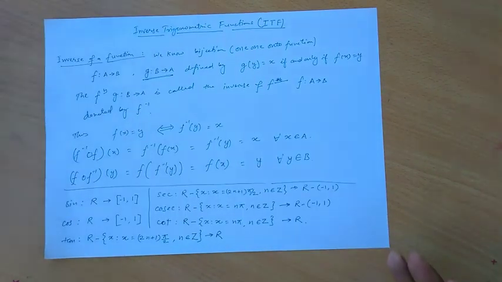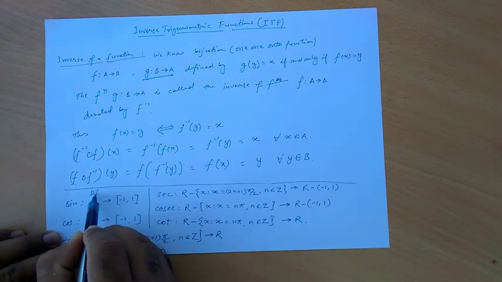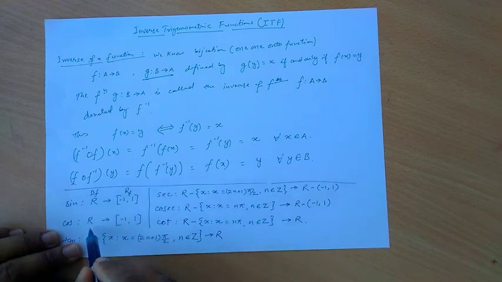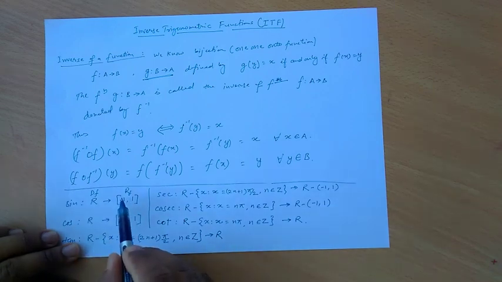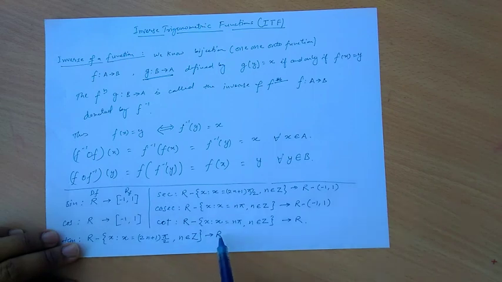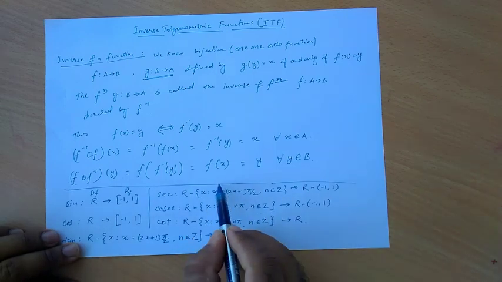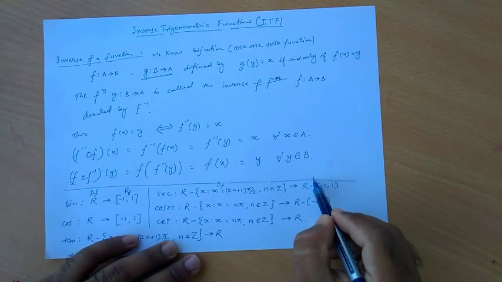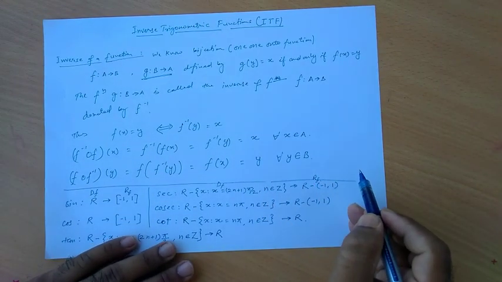So whatever values you put, you get the same thing, and these are nothing but the domain of a function. This is the range of a function. All the values whatever I have written before the arrow are the domain of the function, and these values are the range of the functions. Similarly here also it is the domain of the function, whereas these portions are the range of the function.